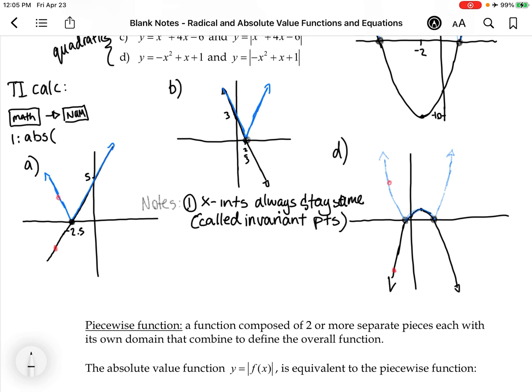Okay, so the other thing, number 2, is if the original function is positive, the absolute value function will just overlap with it.